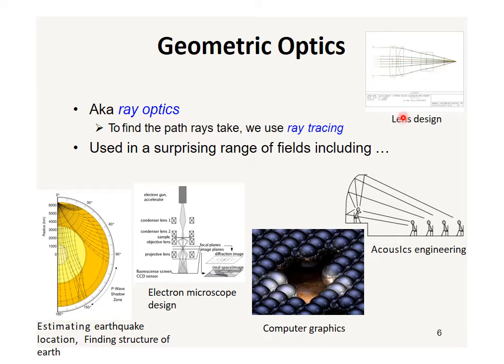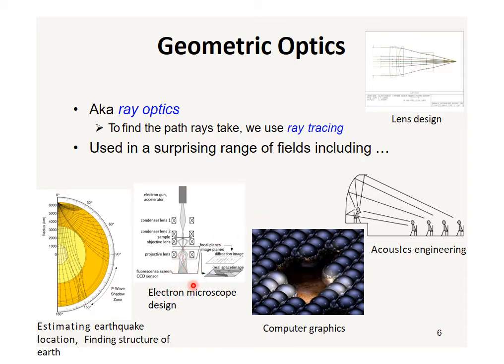There are other places that use it as well. Acoustics engineering uses ray tracing to find out where the sound goes. The more detailed and complicated computer graphics use ray tracing to follow the light from a virtual light source of the object to a virtual camera. Electron microscopes use ray tracing.